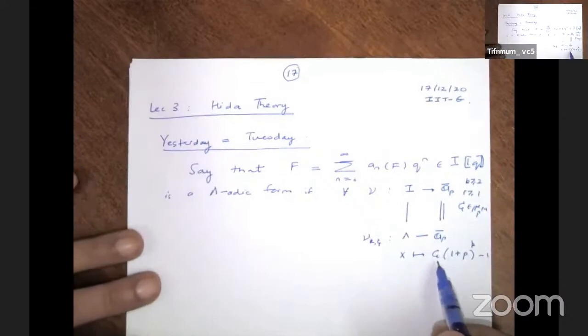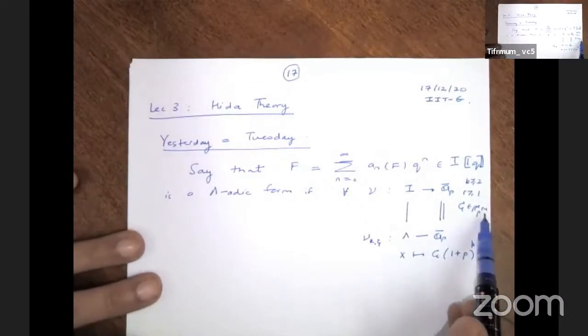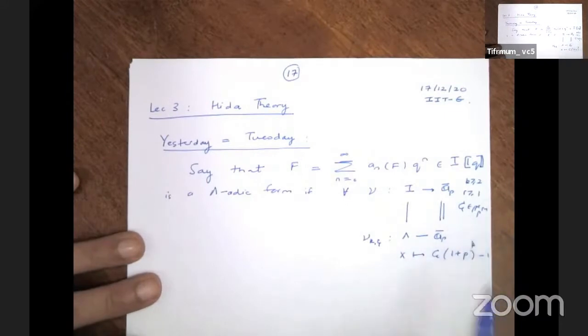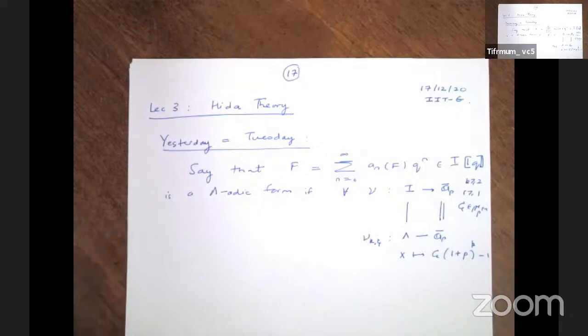Right, so zeta is a p-power root of unity. It's actually a p to the r minus 1 th root of unity, where r is bigger than or equal to 1. So it could be trivial, for instance, and k is an integer bigger than or equal to 2. So in the definition of Lambda-adic form, we only look at k greater than or equal to 2.